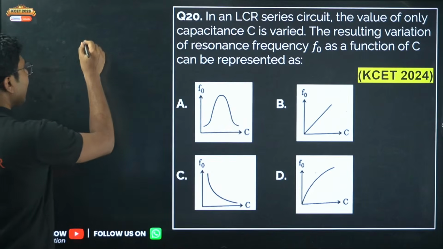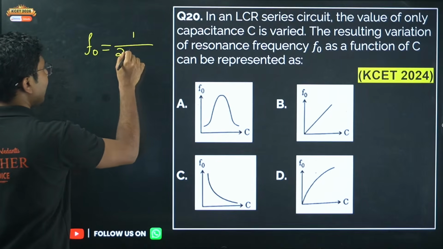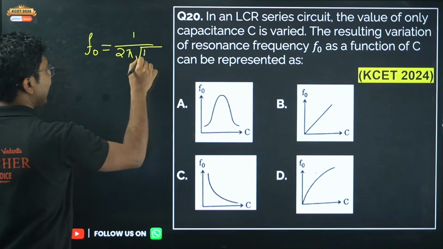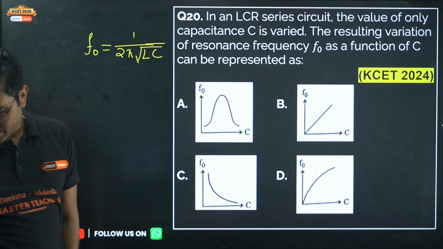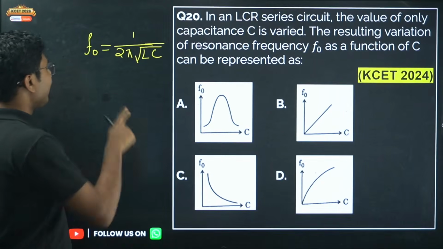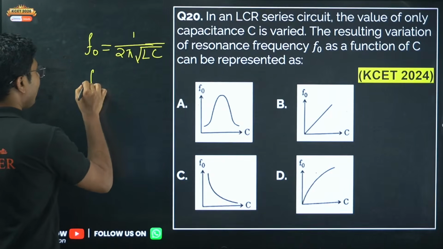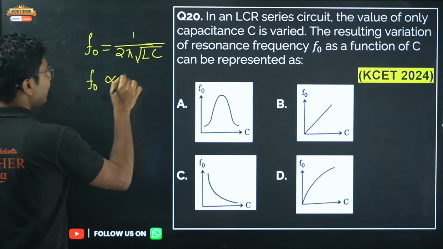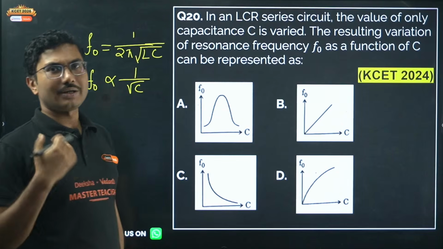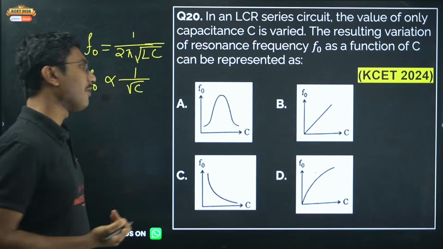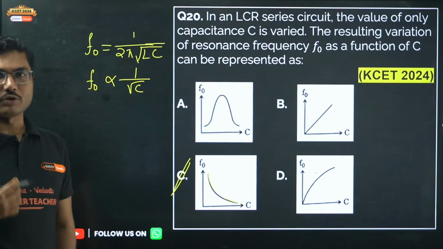We know that resonance frequency is given by 1 by 2 pi square root of L into C. So F0 is inversely proportional to the square root of C. So it's just an inverse proportional graph, and an inverse proportional graph always looks like this.